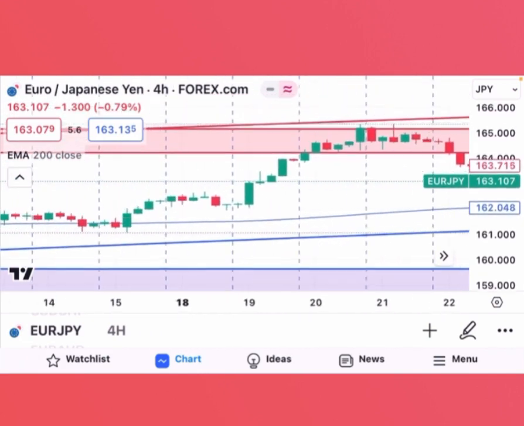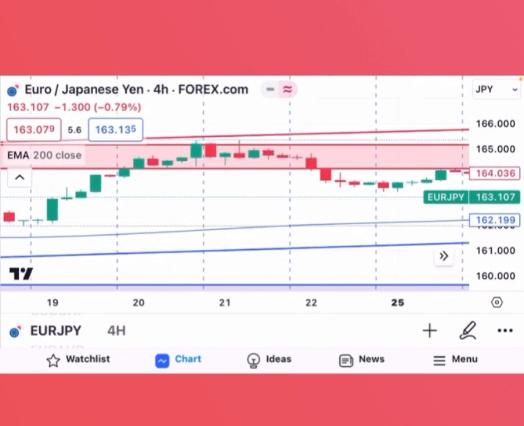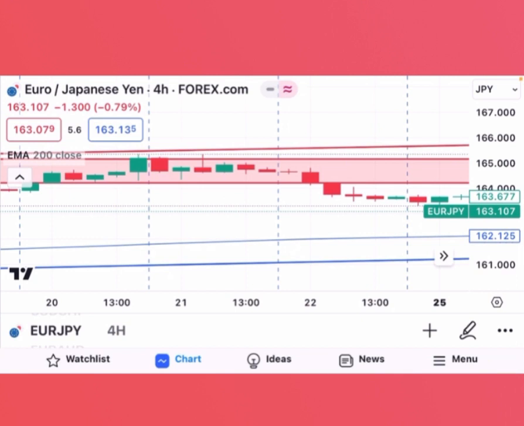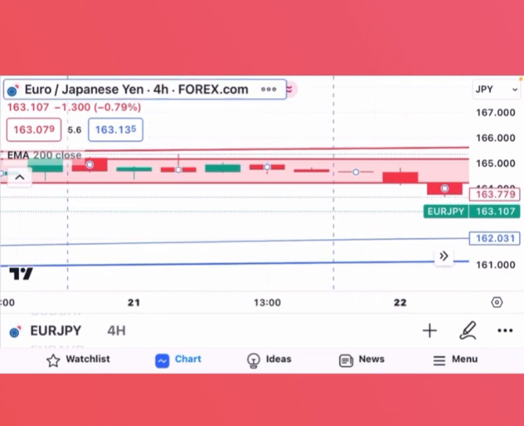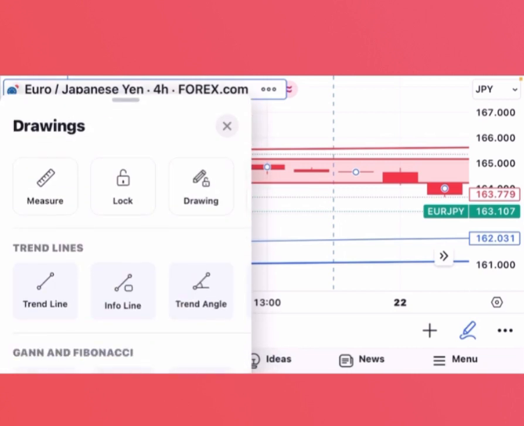Candlestick. You can see this hammer candlestick, which shows a rejection. Okay, this candlestick here, I want to highlight this thing. I will use something to highlight it so that you can get it clearly. You understand what I'm saying?